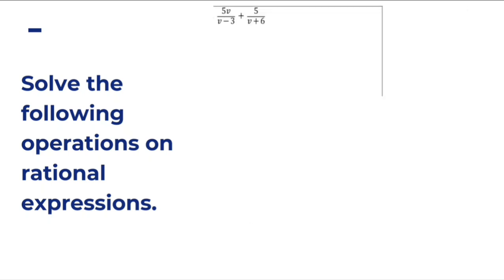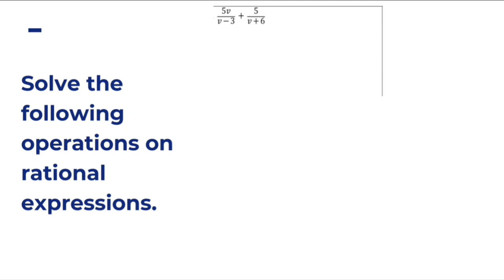Next example, let's say you're given 5v over v minus 3 plus 5 over v plus 6. So in this case, we have different denominators, so we'll have to find their LCD first. To find the LCD, you have to factor the denominator.